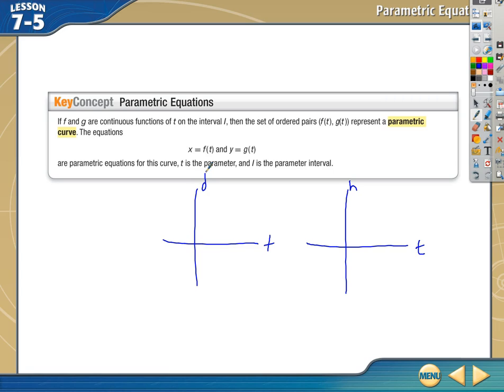And that was very, very difficult. What parametric curves enable us to do is to take time out of our independent one and be able to say we're going to have distance and height on the same graph, and we'll be able to see the curve of things and how they move.